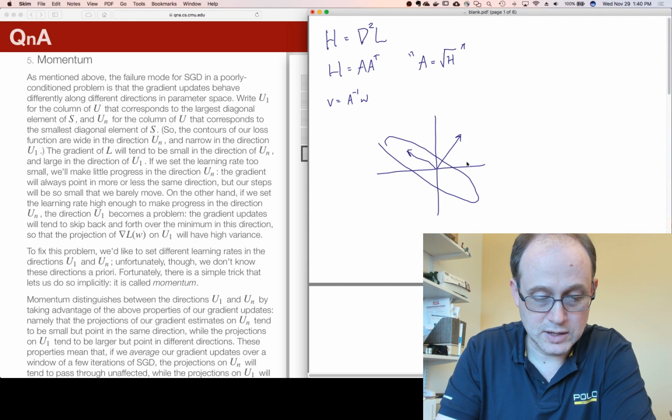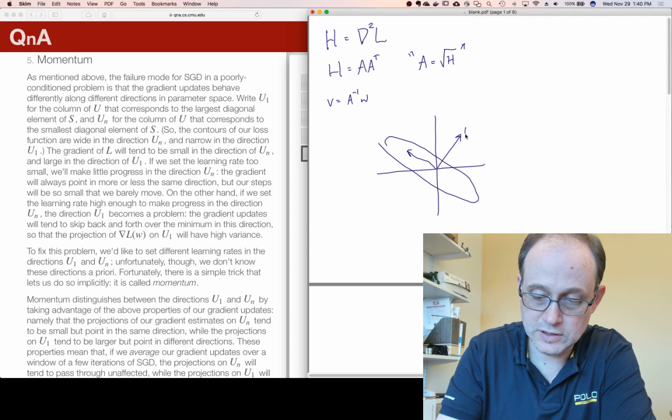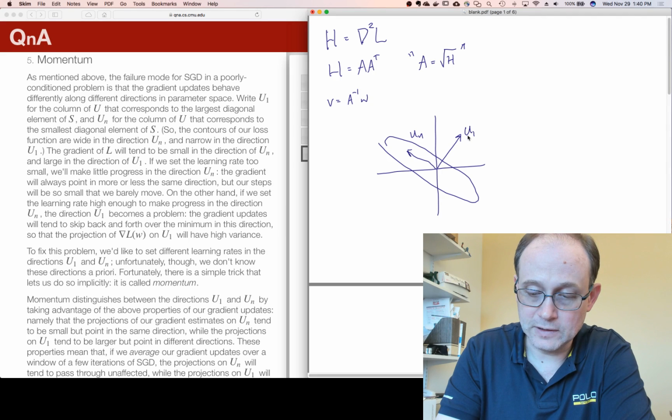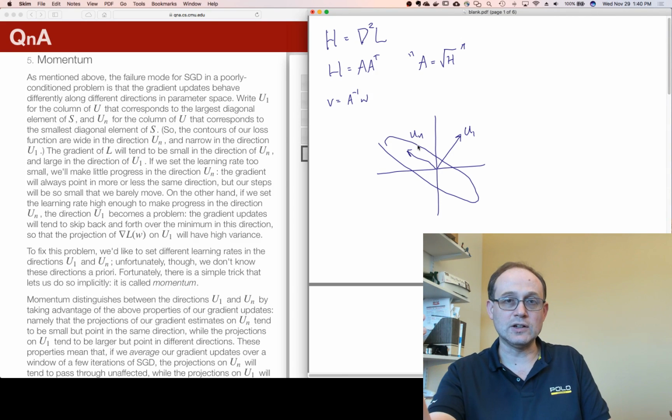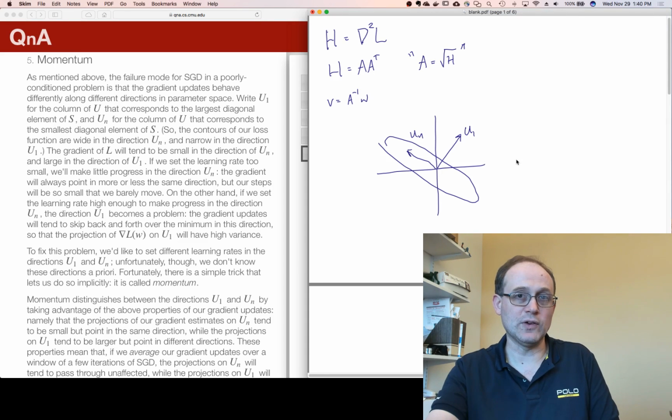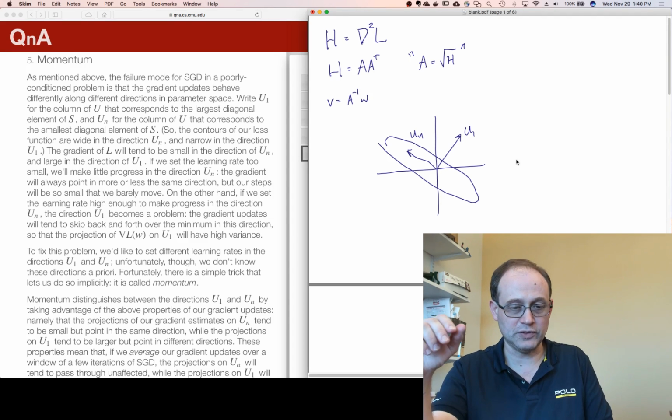We'll call this direction U1 and this direction UN, because this corresponds to the largest singular value of the Hessian, and this corresponds to the smallest one. Obviously I can't draw a 27-dimensional loss function, but there's going to be a whole bunch of other dimensions that have properties in between these, but we don't have to worry about those. We can simplify the picture and just look at the first and the last.